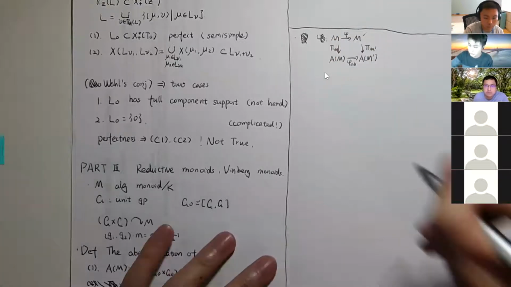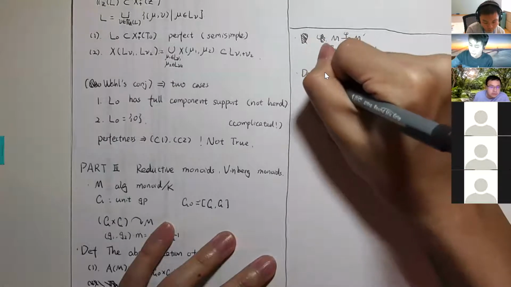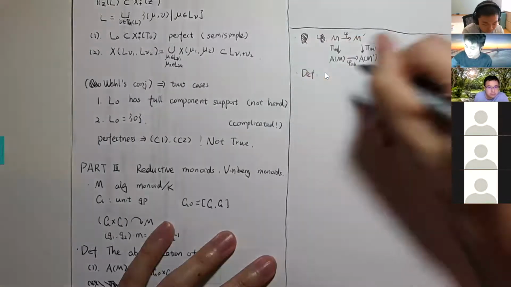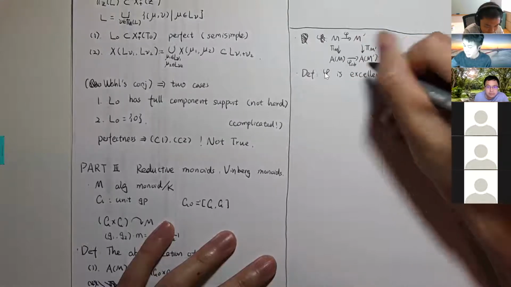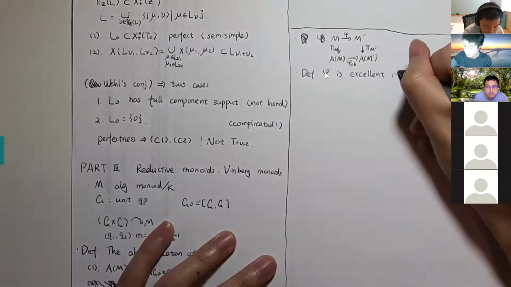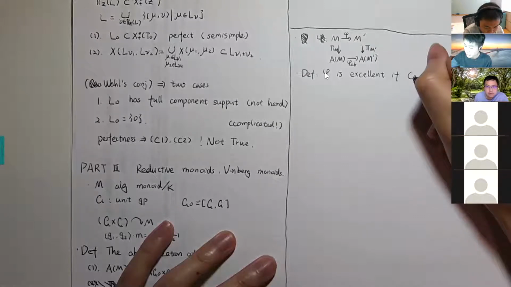In particular, if this diagram is Cartesian, then we say that phi is excellent.